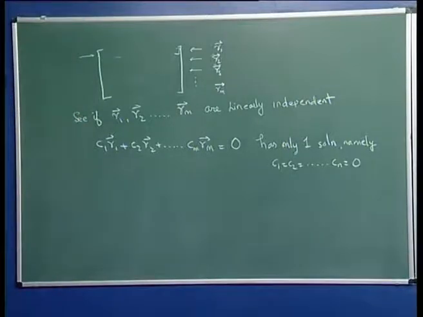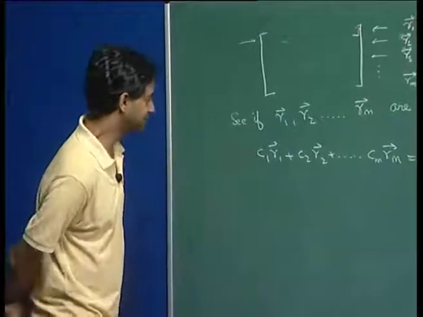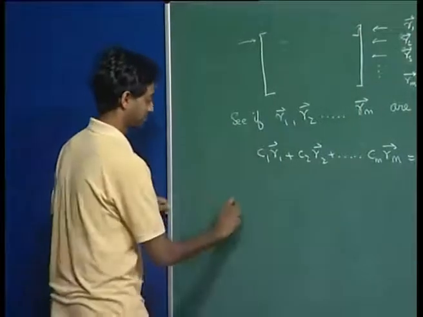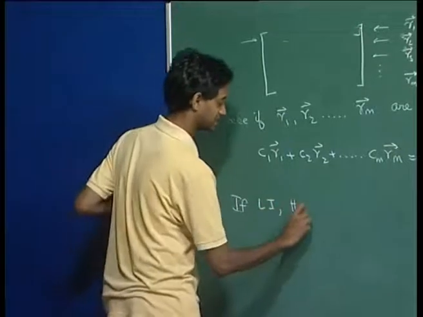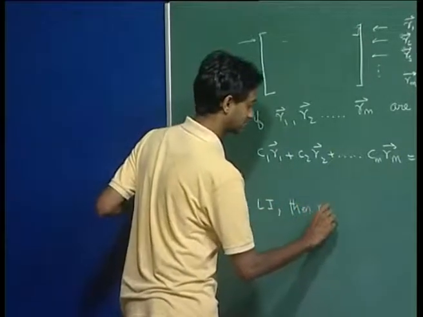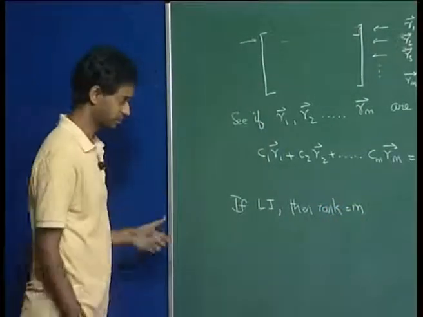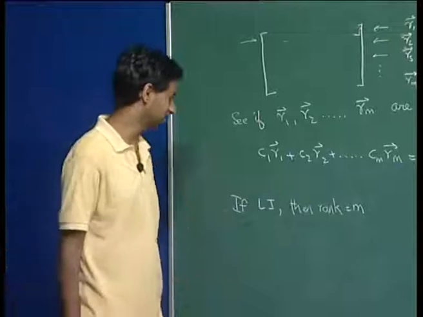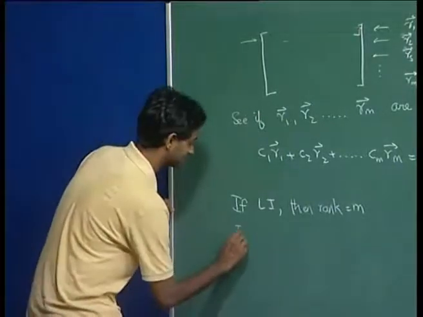So, we check for linear independence, and if these vectors turn out to be linearly independent, then clearly the rank should be equal to m. Okay. And if they are not linearly independent, then the rank is less than m.